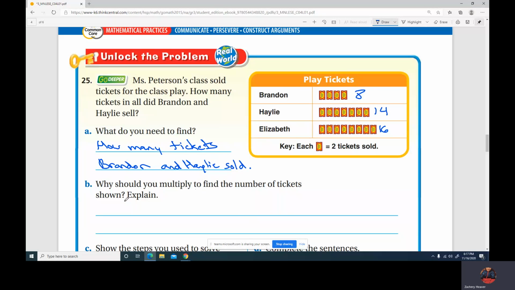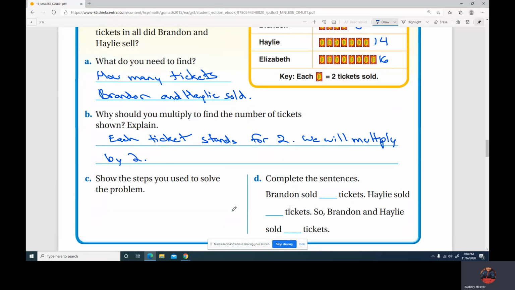So we know we're going to have to multiply by 2 because each ticket stands for 2. So that's that. Each ticket stands for 2, so we have to multiply by 2.